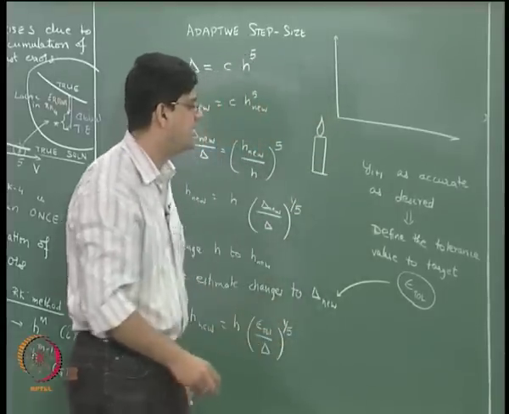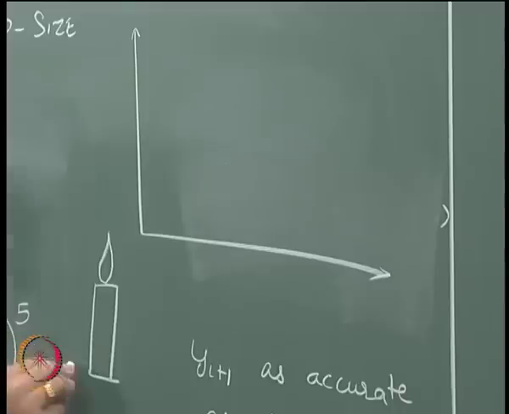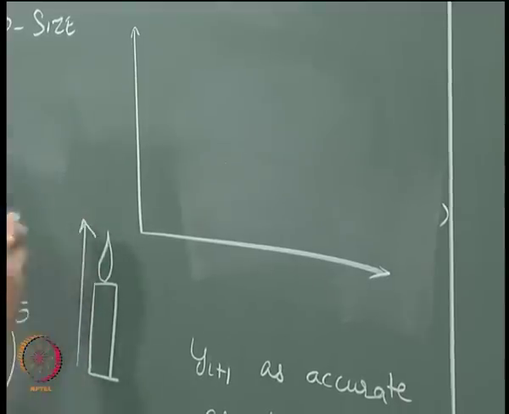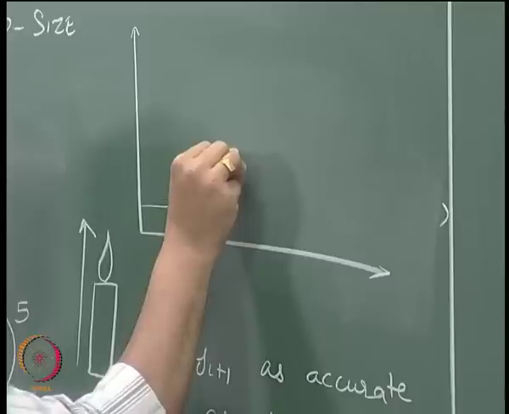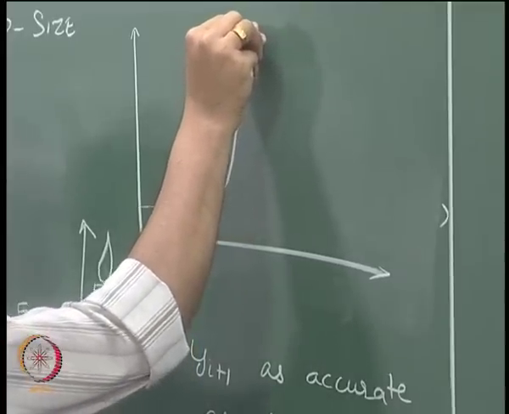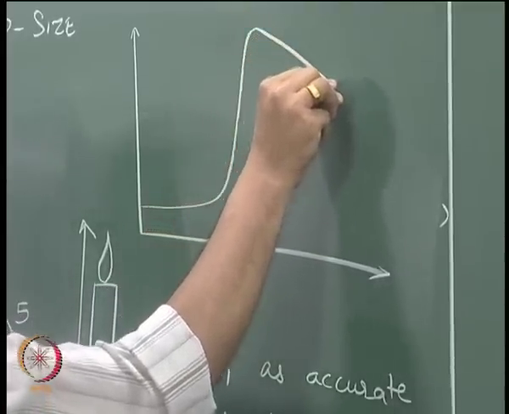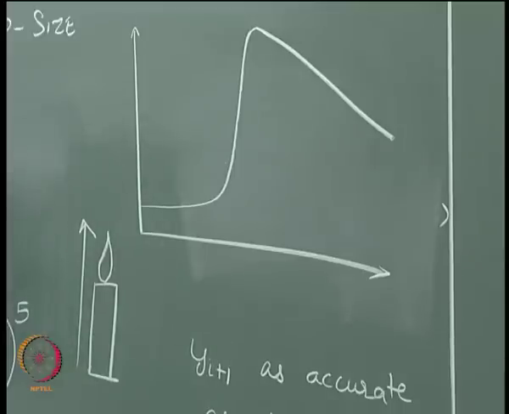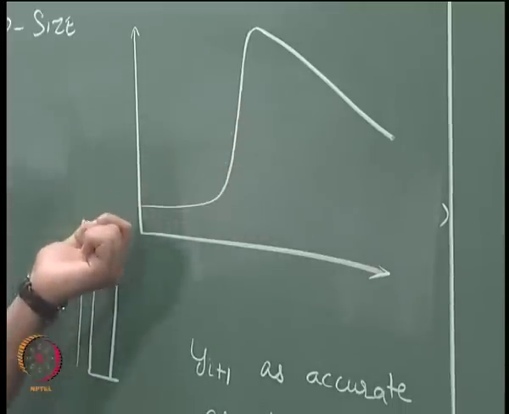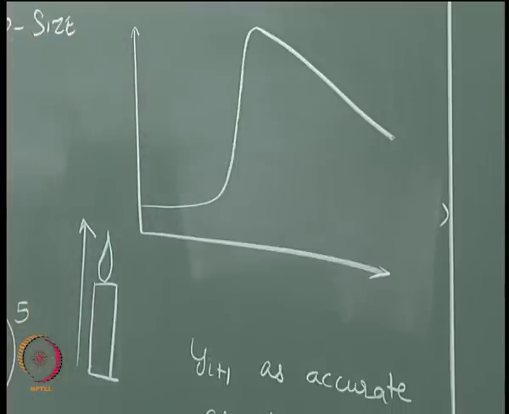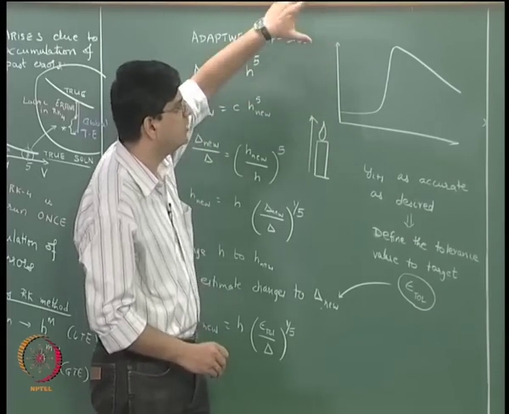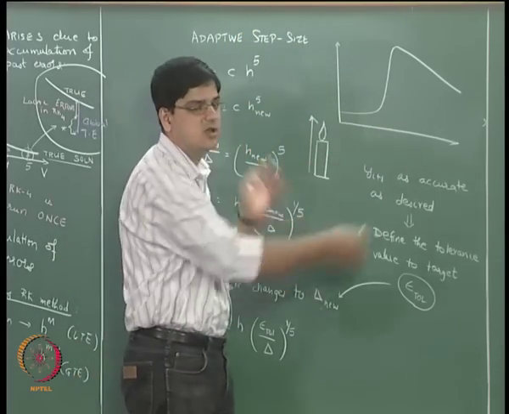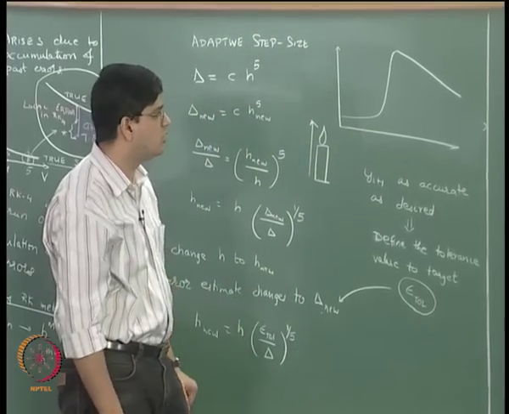It could be a lighter or a candle, and if you start plotting the temperatures along this direction, you will get the temperatures to be fairly cool over here, and then the temperature will start rising, then shoot up, and then fall again, because there is a lot of heat loss taking place beyond this flame. For example, if this is a candle and we put a hand over here, we do not feel too much heat because the heat has all dissipated.